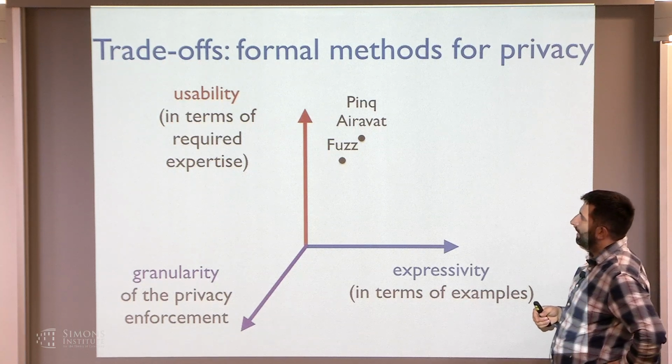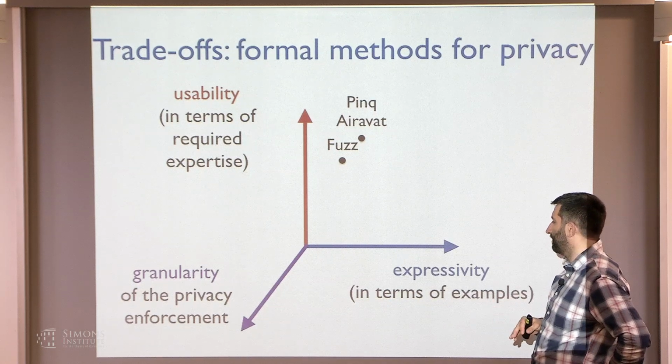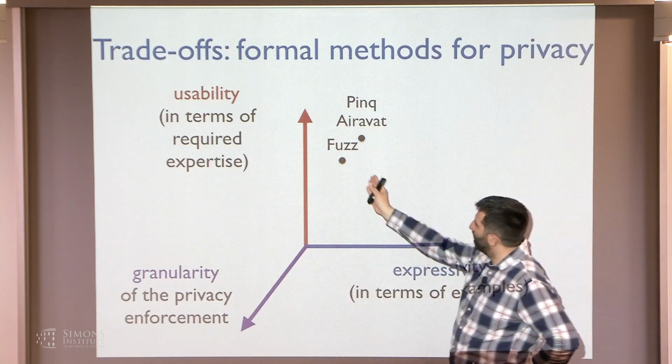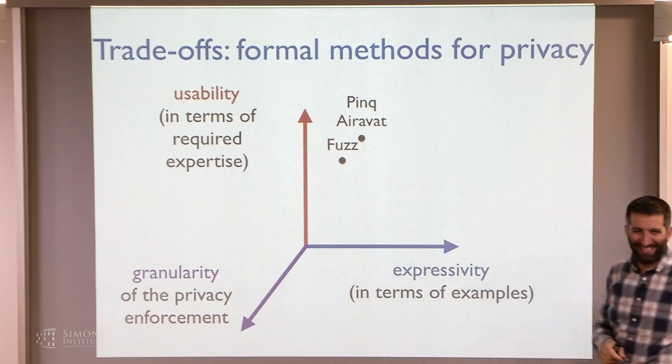It is similarly expressive, because we can do more or less what we can do in Pink. And the reason why I put it here is to give a bit the direction of granularity.